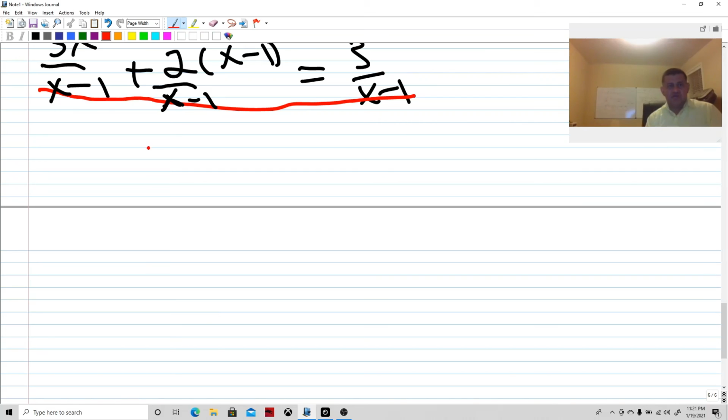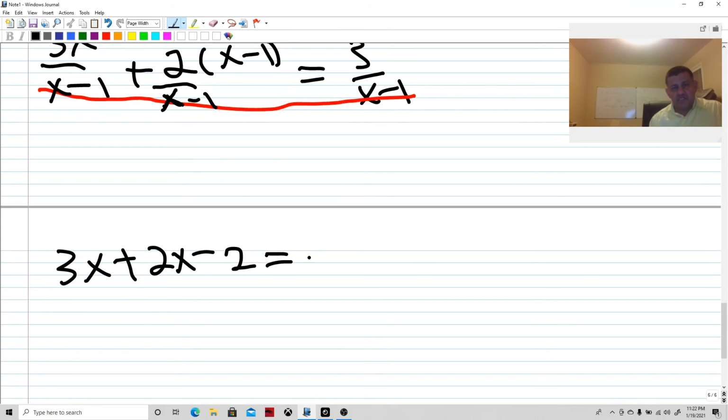I can say 3x, and then I multiply that times that, which is going to be plus 2x minus 2, right? 2x minus 2 is equal to 3 on the other side, right?